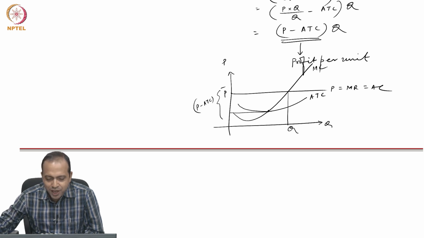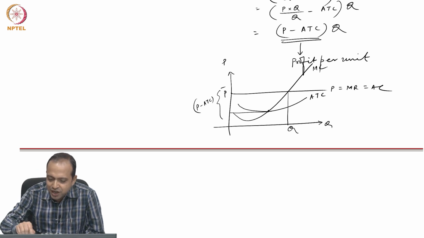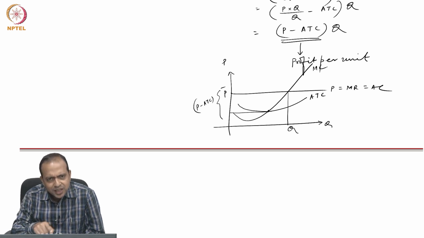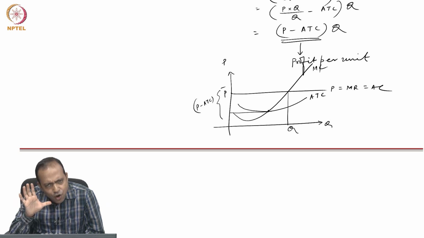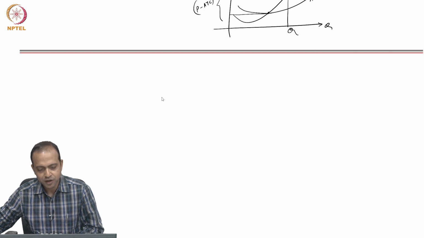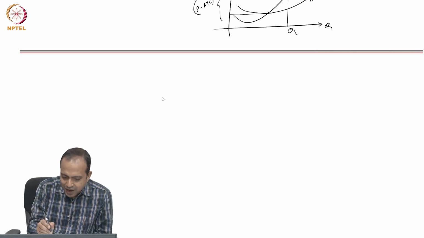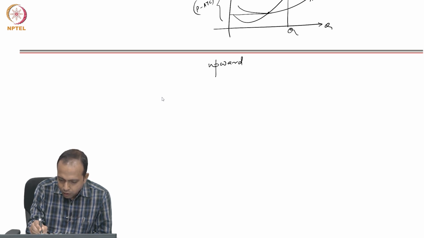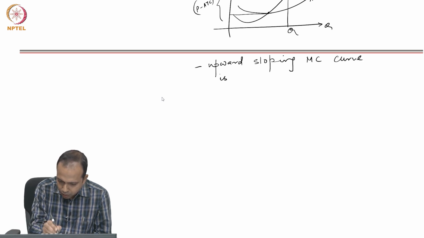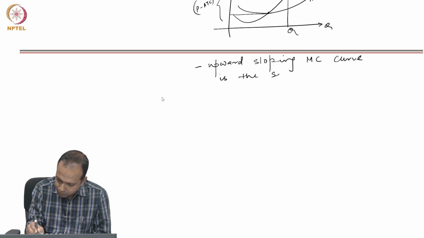But one thing we have not discussed, we said that MC curve is the upward sloping, MC curve is the supply curve. The question is, is this entire MC supply or a portion of MC the supply curve? That we need to understand. So, so far we said that the upward sloping MC curve is the supply curve.